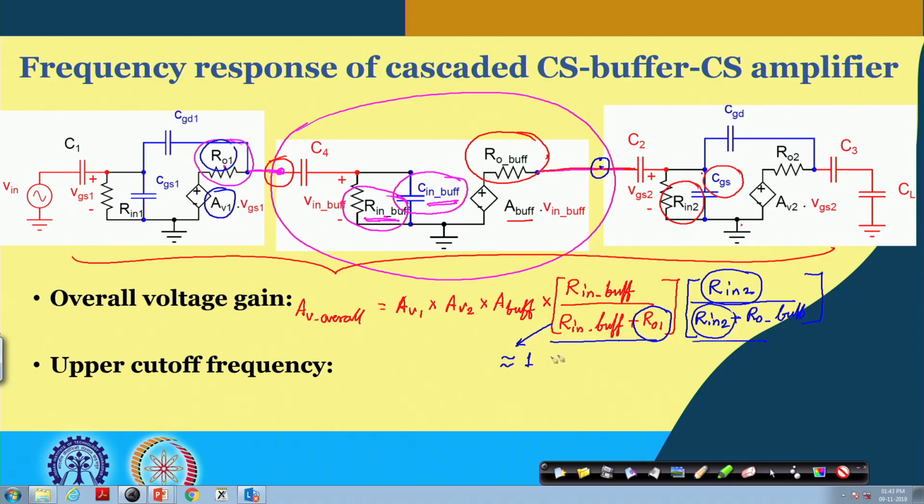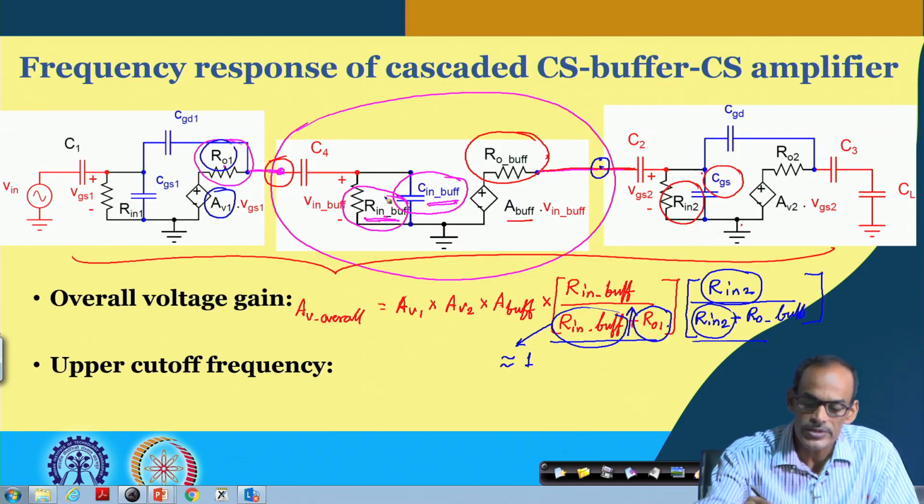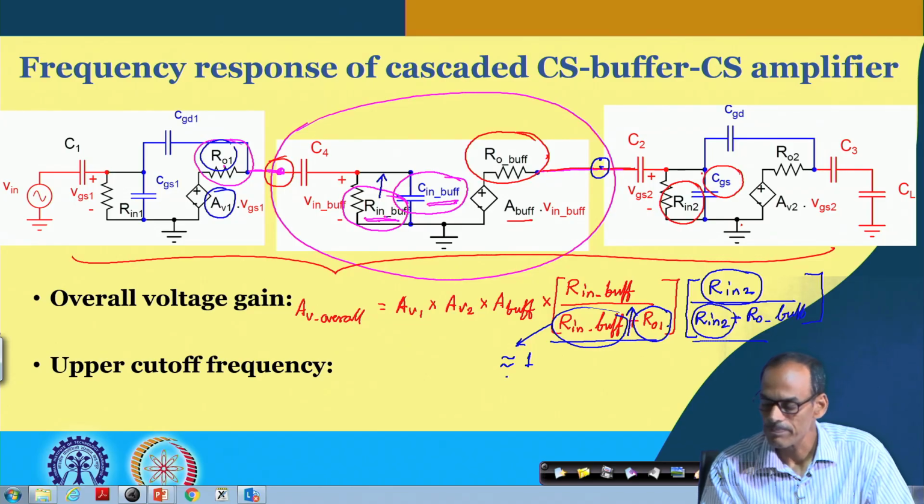If I want to make this part equal to 1, we have to make R in buff as high as possible compared to this one. So, this input resistance should be as high as possible, then I can make this part equal to 1.